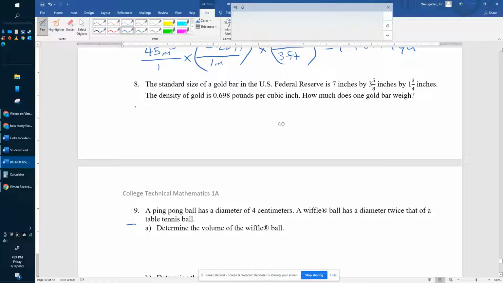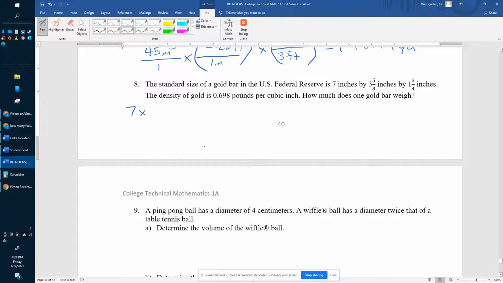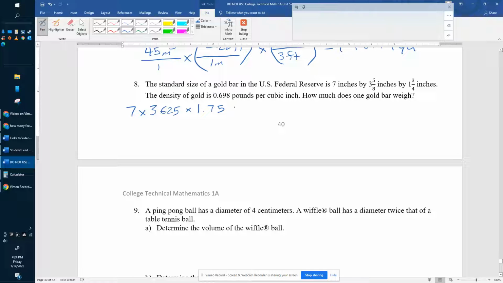So 7 times 3 5/8. What is 5/8 as a decimal? 0.625. By 1 3/4 will give us the cubic inches.